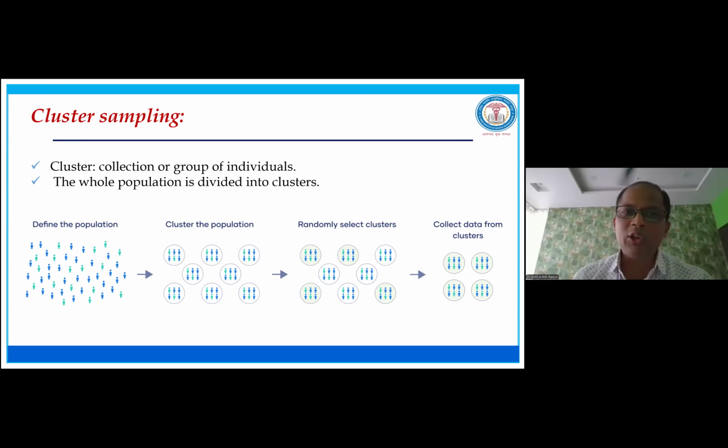Cluster is a collection or group of individuals, and here the target population or the reference population are divided into different clusters. And from each cluster, now we select our sample. First, we select randomly few clusters, and then from each cluster, we select the sample, means the participants for our study.